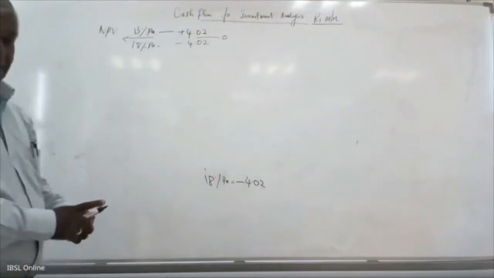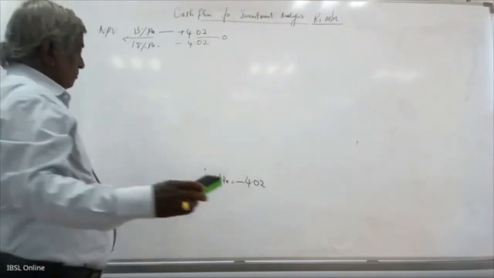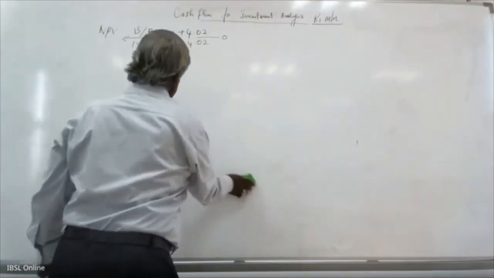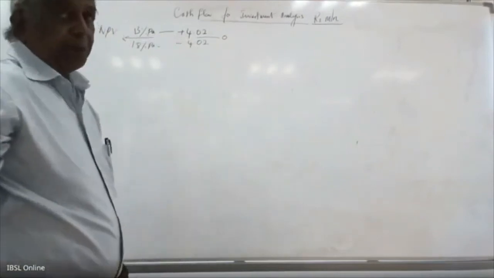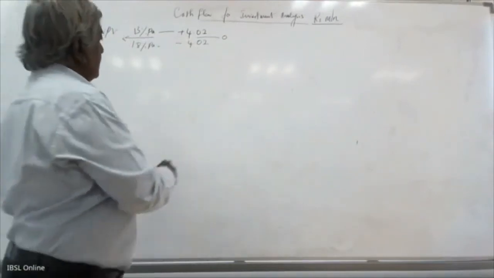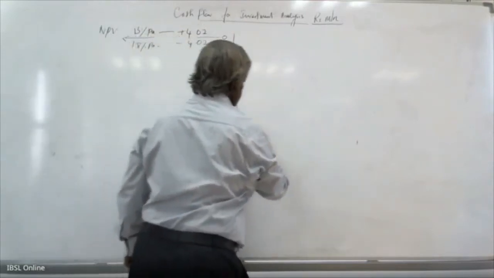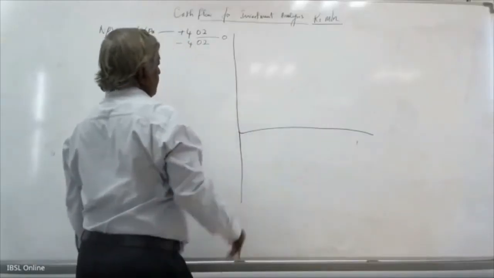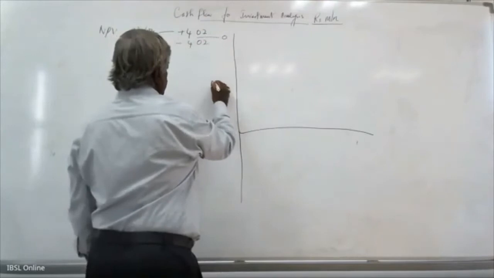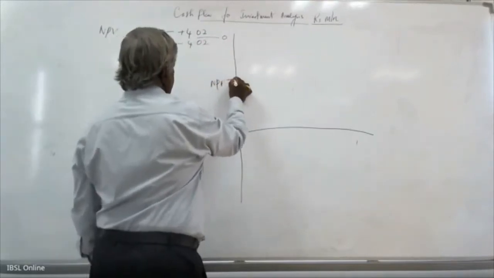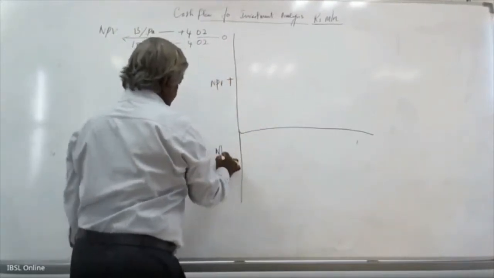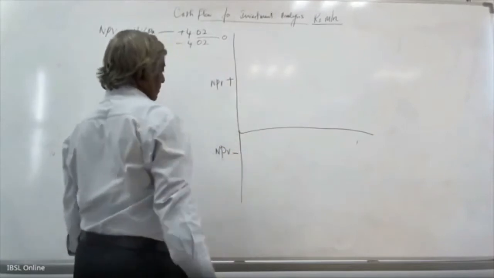How to calculate that? So now we try to plot a graph. Y-axis, x-axis. Here the NPV, positive here, negative here.